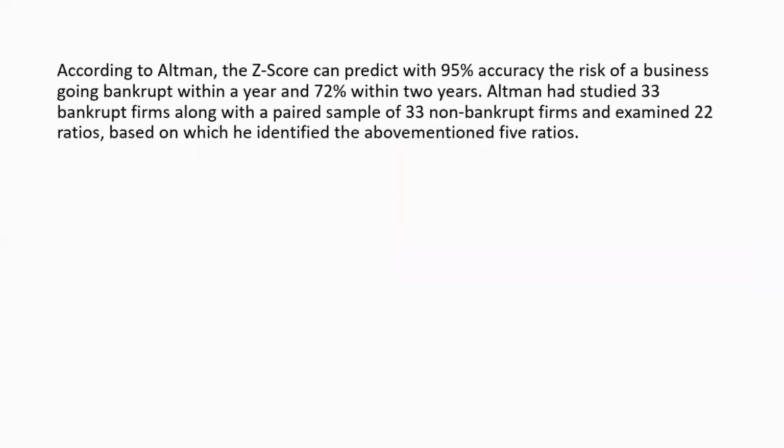Now, according to Altman, the Z-score can predict with over 95% accuracy. He tested this model with 33 bankrupt firms and it was 95% accurate. Now there were also several limitations of Altman's Z-score.